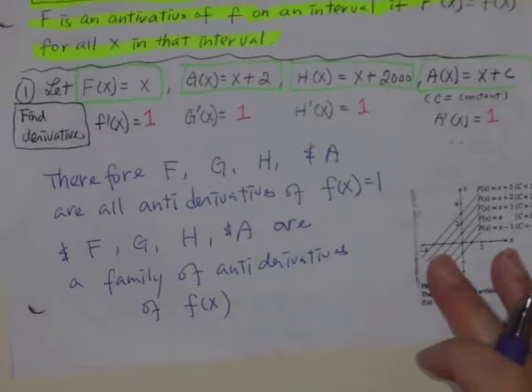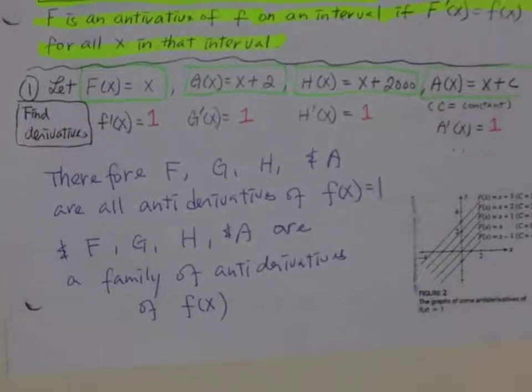So they're related even though the original functions don't equal each other, because when you take the derivative, the constant, the number part, is gone, so they belong to the same family of antiderivatives.